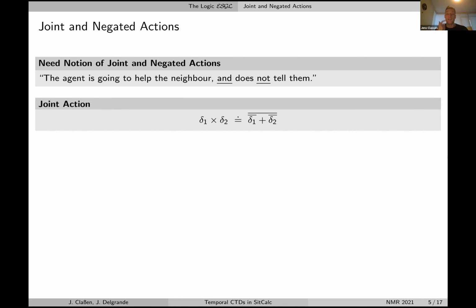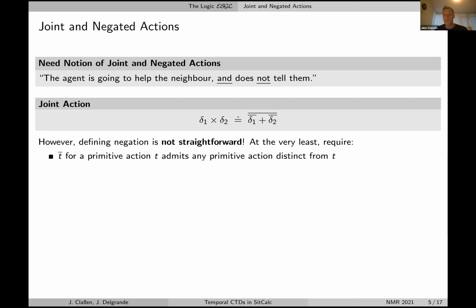And so often you find in the literature as definition for the joint action that you just treat it as the dual to non-deterministic choice, very much behaving like conjunction and disjunction. But it's not so straightforward for the case of negation.